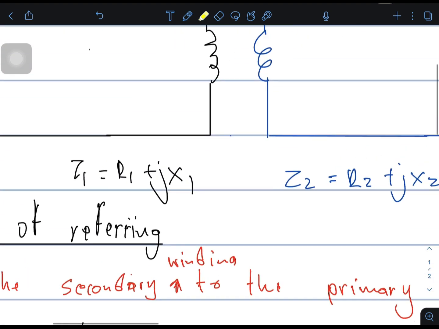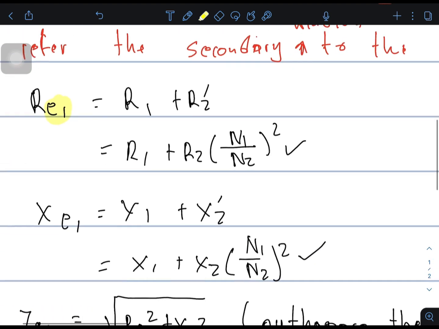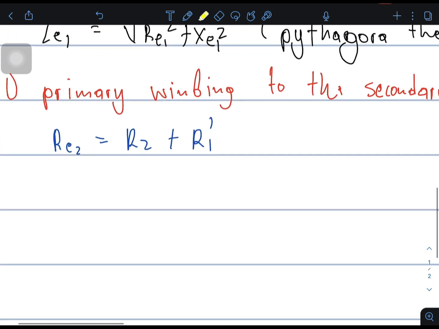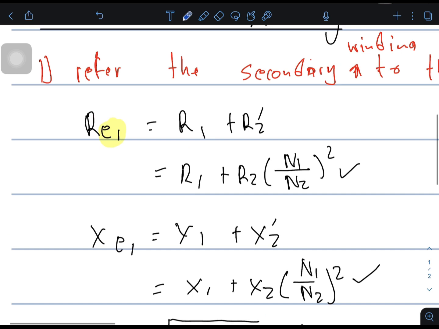And it makes logical sense. And then it is also equal to R2 plus R1, and notice when I write the turns ratio, I start with N2, then N1 below this time. If you look here, if you compare, squared.